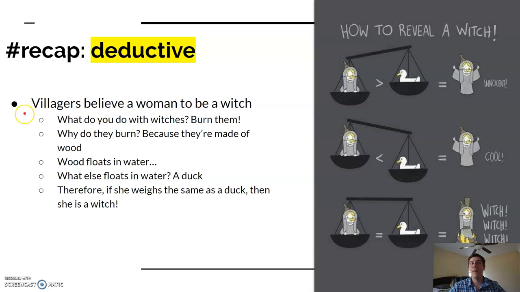So this is basically the flow of their argument, right? What do you do with witches? You burn them. Why do they burn? Because they're made of wood. Wood floats in water. What else floats in water? A duck. Therefore, if she weighs the same as a duck, then she must be a witch.